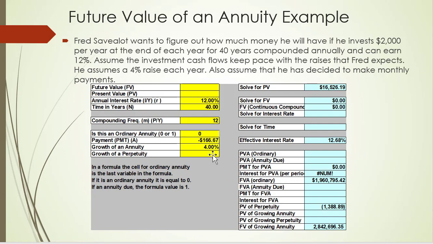So this small 4% increase annually brings us roughly an extra $1 million, just about $100,000 shy. So the new answer with growth is 2.8 million.